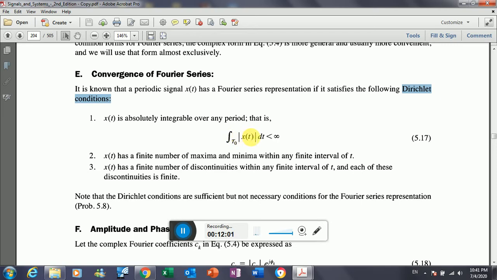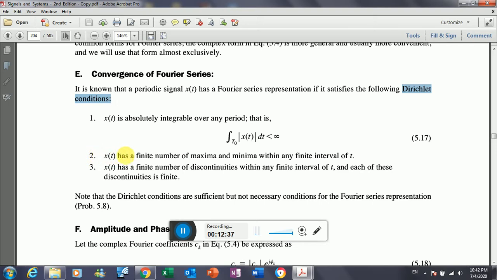That means the energy in this signal should be less than infinity, or this signal should be integrable and the value should not go to infinity, right? So this integration must exist for the Fourier series to exist.